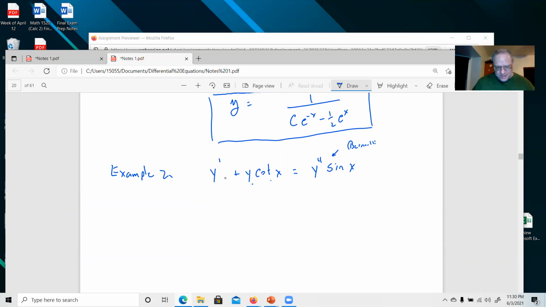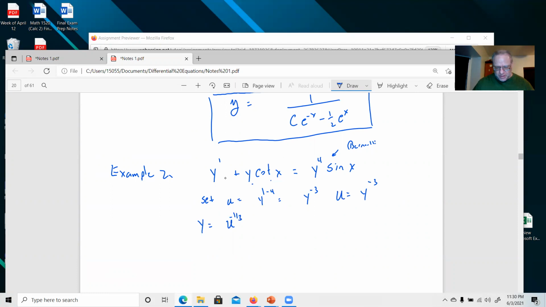So we're going to set u equal to y to the 1 minus 4, which is y to the -3. So y is equal to u to the -1/3. Does that make sense?